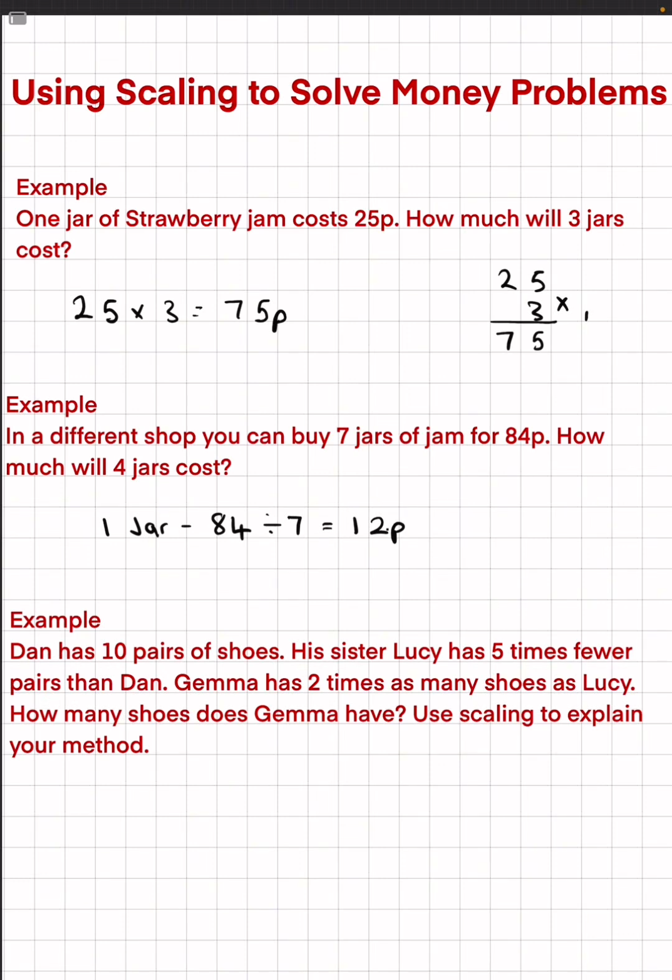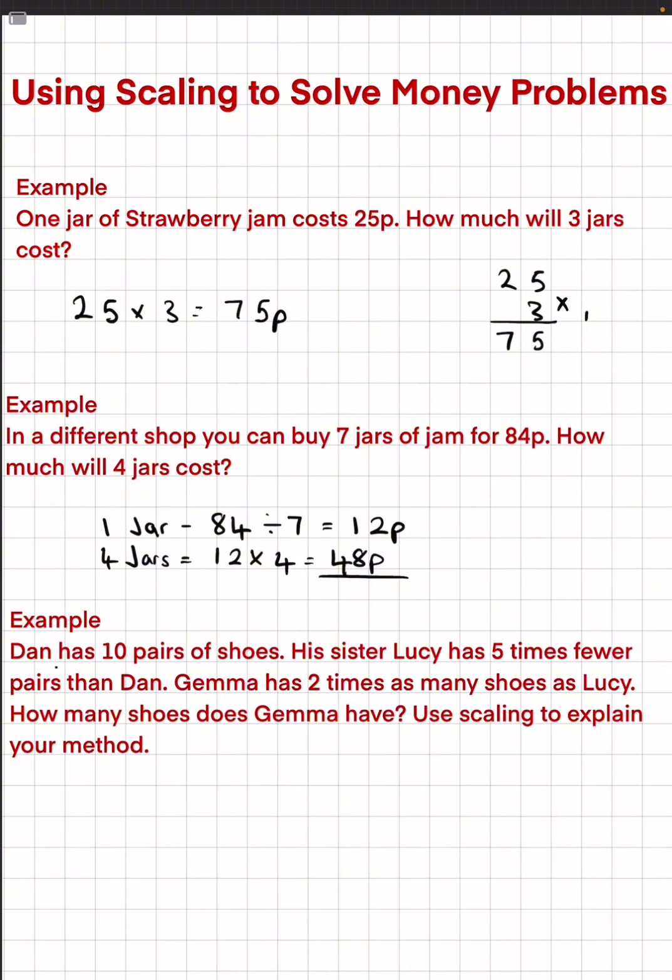Now we can multiply this number with 4 to work out how much 4 jars are going to cost. 4 jars is 12 multiplied by 4, which equals 48 pence. So 4 jars cost 48 pence.